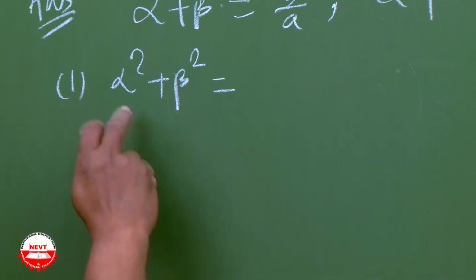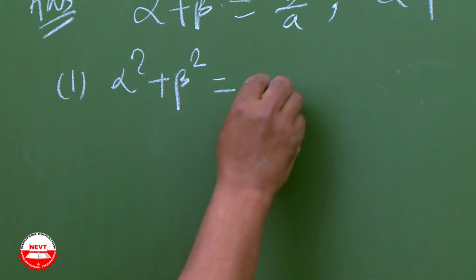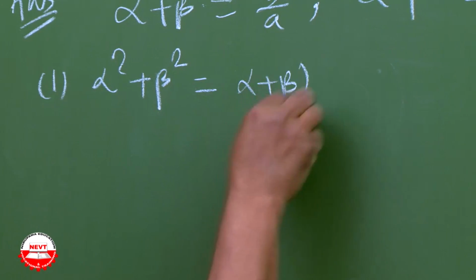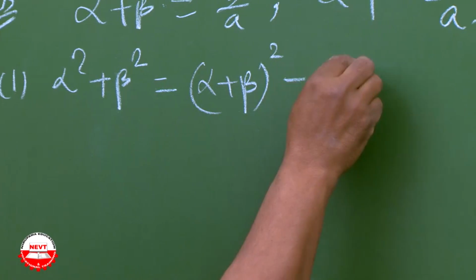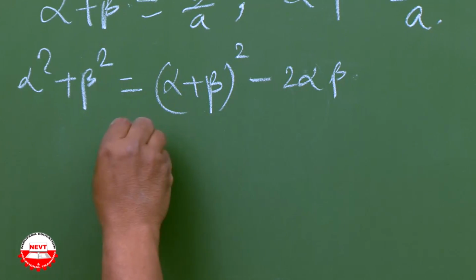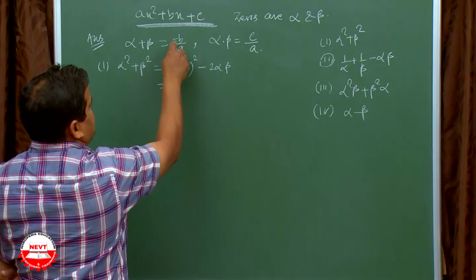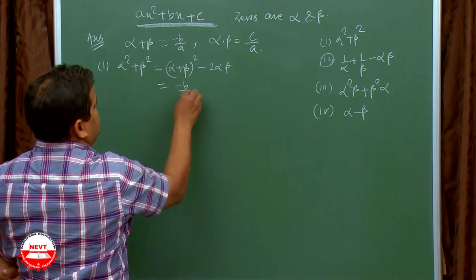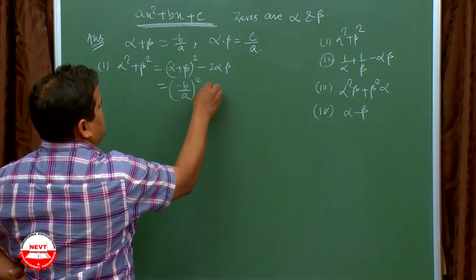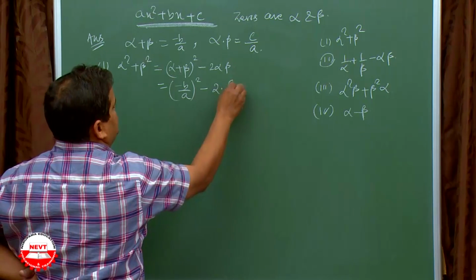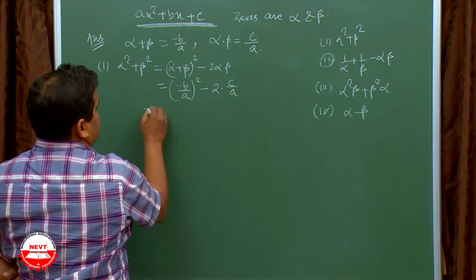So what is alpha square plus beta square? That is alpha plus beta whole square minus 2 alpha beta. That means what is alpha plus beta value? Minus b by a whole square minus 2 alpha beta means 2 into c by a. What is the solution?